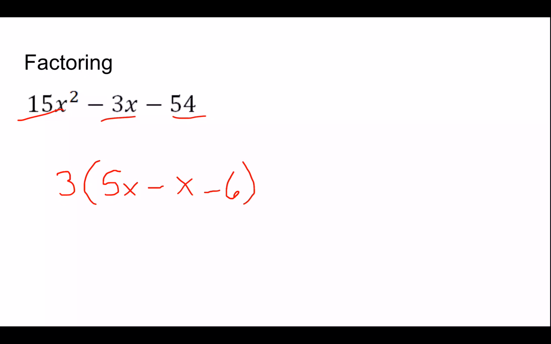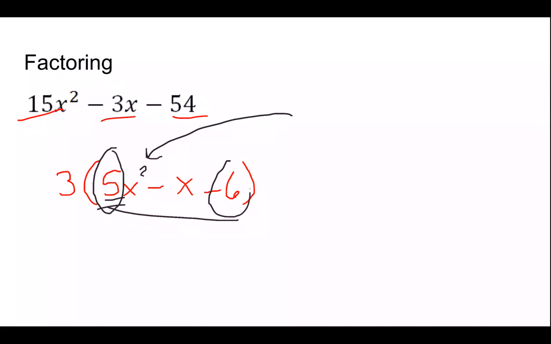And so now we have to see if this inside thing factors. Now, what you really want to look at is this first term has a number in front. Anytime that first term has a number in front, we have to make this into a four-nomial. And how we do that is we take its first number and its last number, and we multiply these things together.